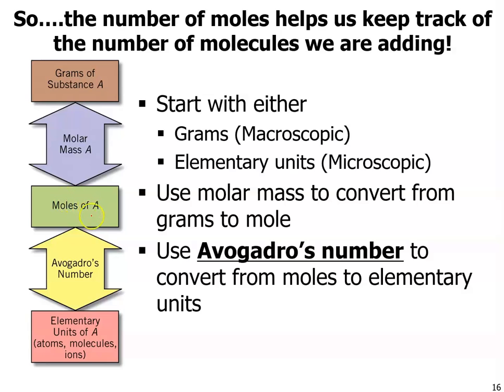And then Avogadro's number is another conversion factor that allows us to move between moles and the number of atoms or molecules we have. So this idea here is an important concept, where these arrows are essentially conversion factors, and these blocks are different units that are telling us things that we can measure.